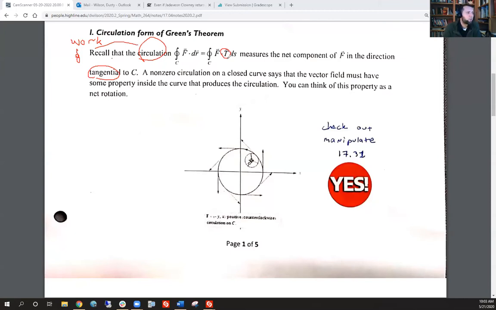So a non-zero circulation on a closed curve says that the vector field must have some property inside the curve that produces the circulation. And so you can think of this property as a net rotation.